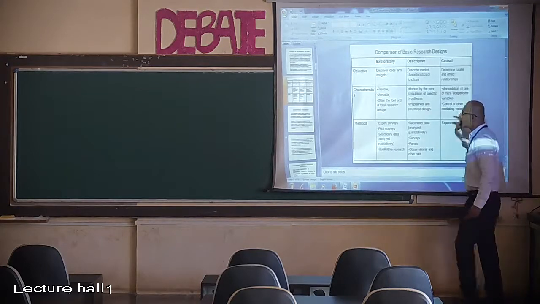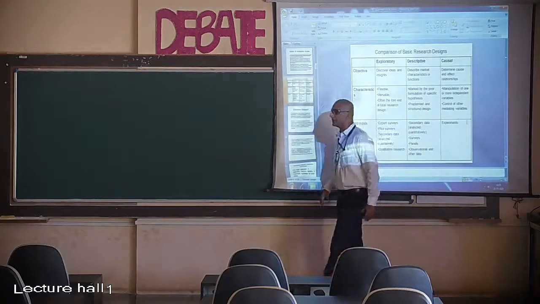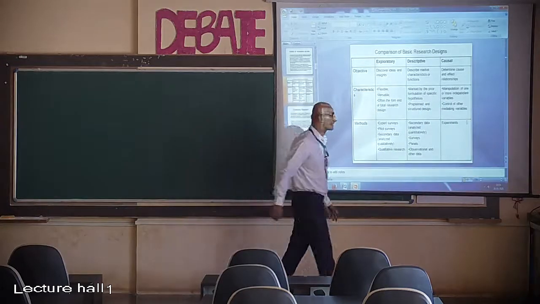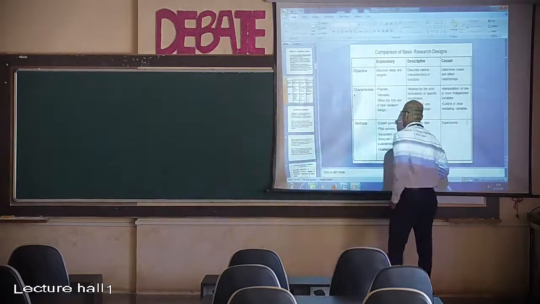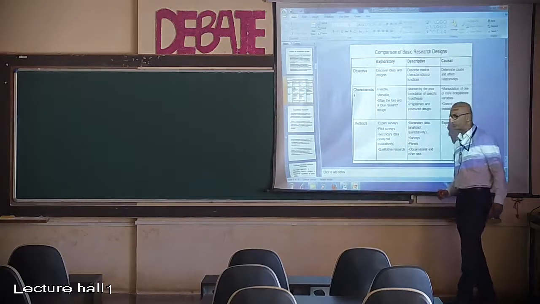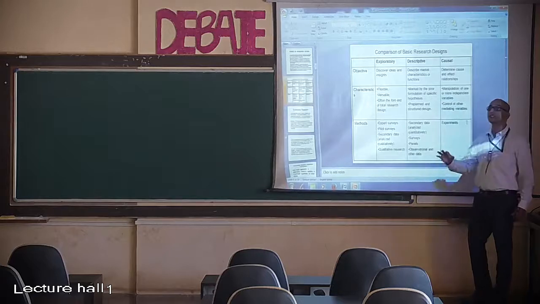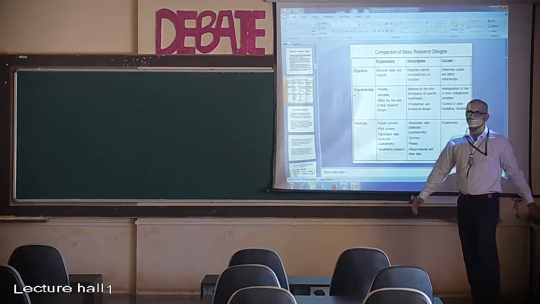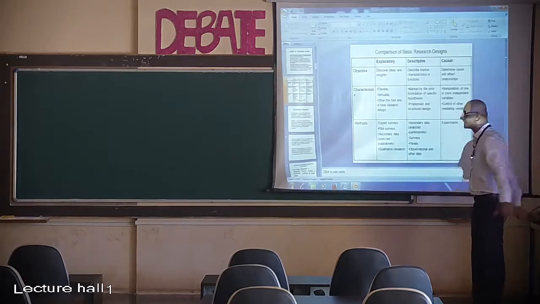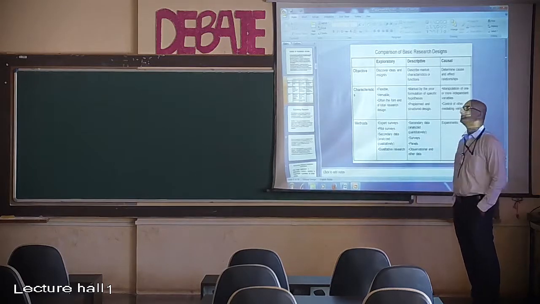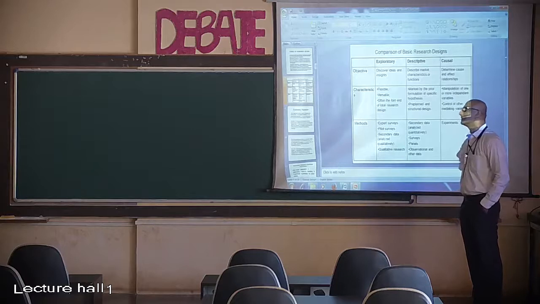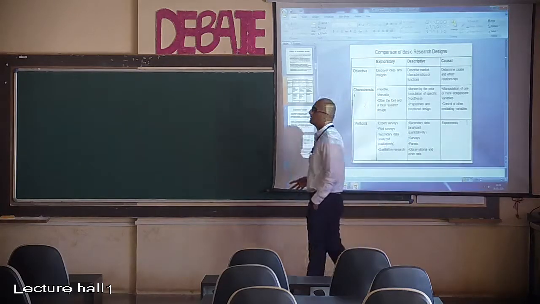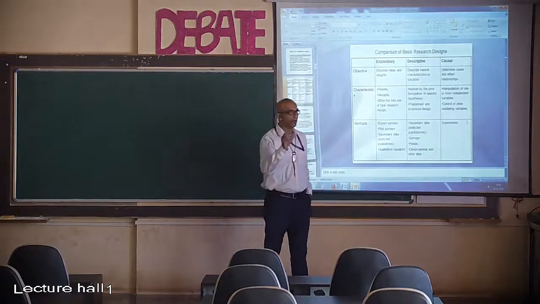Okay, now let's try to understand the different methods used by these three research designs. Let's talk about exploratory research and the different methods that we use. The first one is expert surveys. In certain areas, we try to find experts.